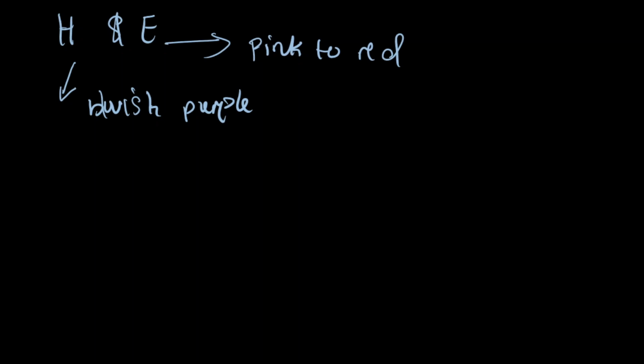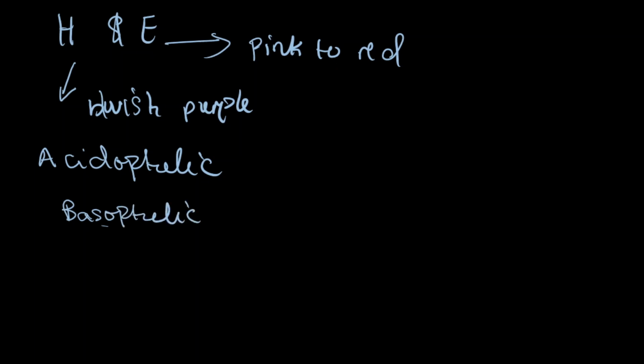It's also important for us to take note of two terms: acidophilic and basophilic. Philic simply means loving. So acidophilic would be acid loving, and basophilic would be base or alkaline loving.